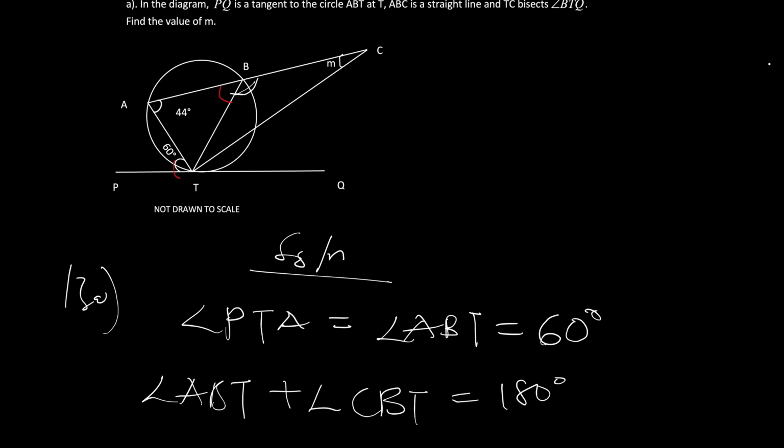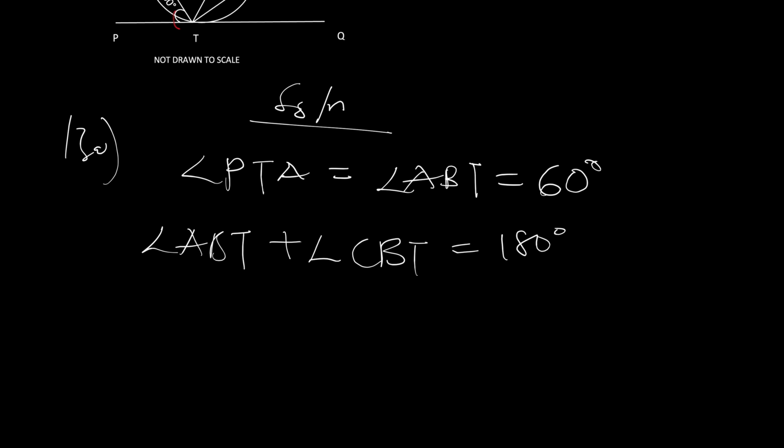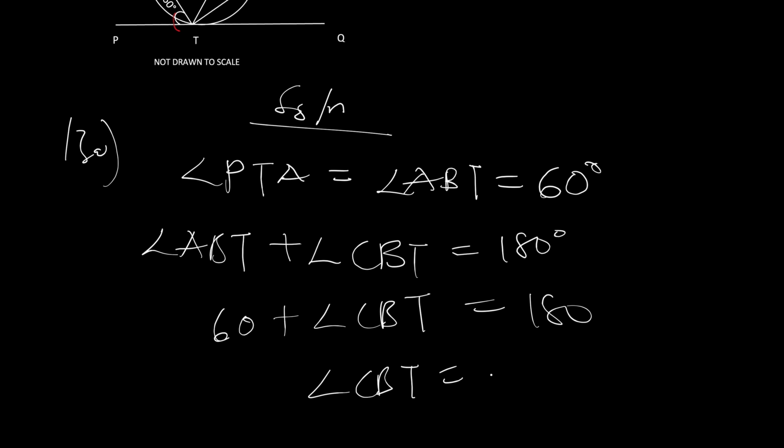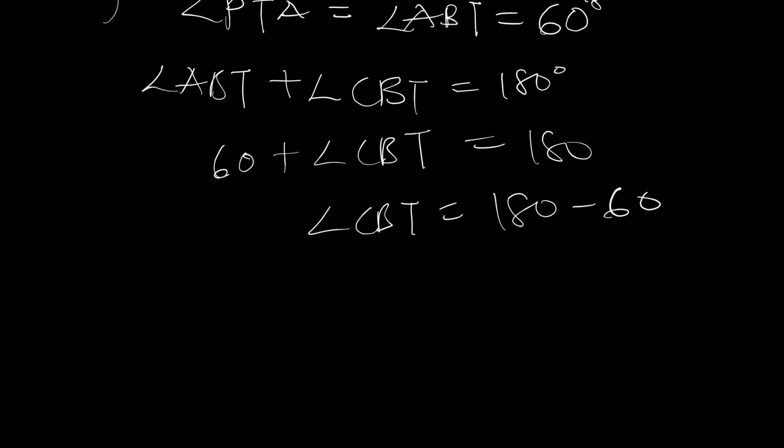Now we know that angle ABT is 60 degrees, so 60 plus angle CBT is equal to 180. So angle CBT will be equal to 180 minus 60, which gives us 120. So angle CBT is equal to 120 degrees.